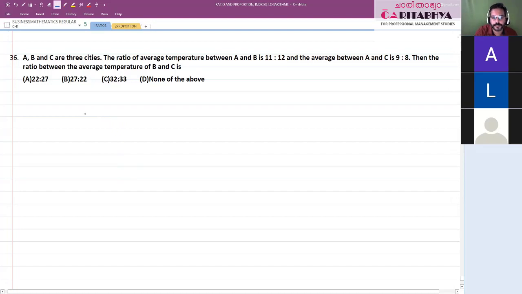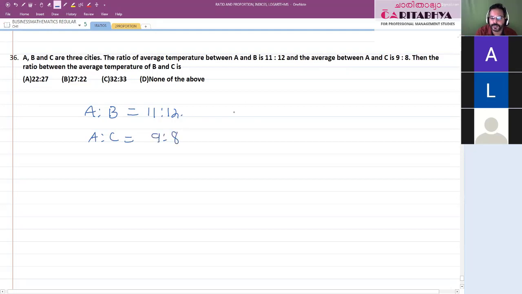So average temperature of A and B, that means A is to B is 11 is to 12. And average temperature between A and C, that means A is to C equal to 9 is to 8.